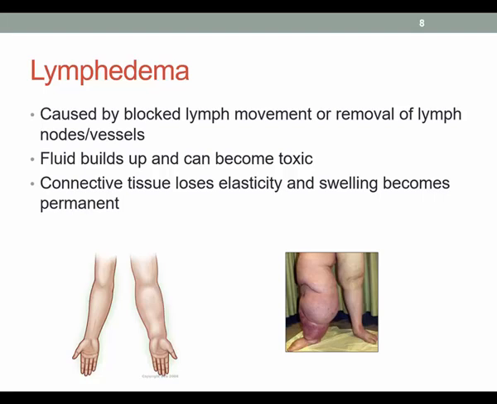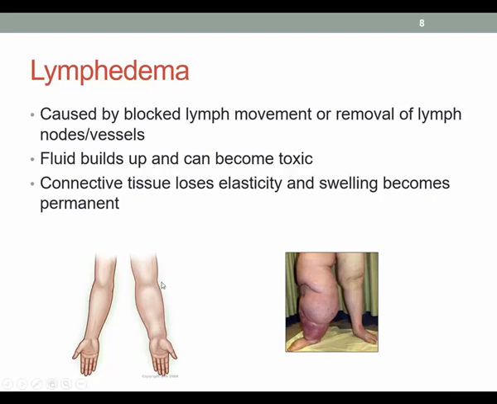When lymph is not able to move, it collects in the tissues and causes those tissues to swell up. This is referred to as lymphedema, and it most often happens because lymph nodes have been removed. In women, this can happen during a mastectomy. Often the lymph nodes under the arm are removed and one arm doesn't have good lymph fluid return.